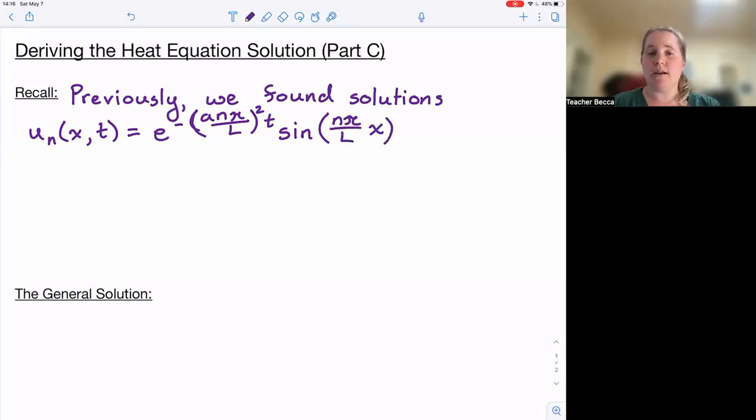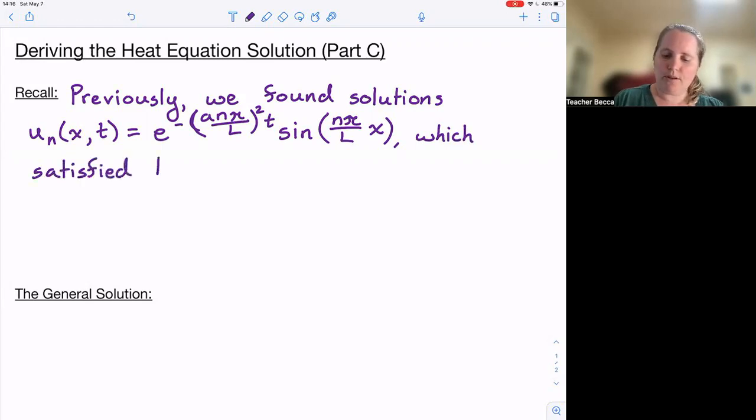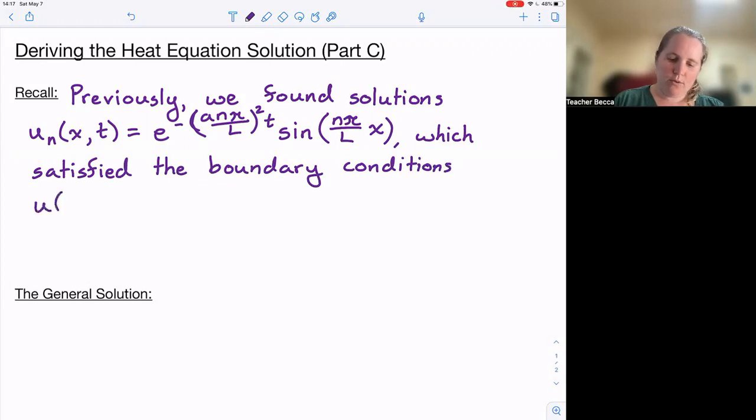And these satisfy the boundary conditions of u of 0,t equaling 0 and equaling u of L,t.